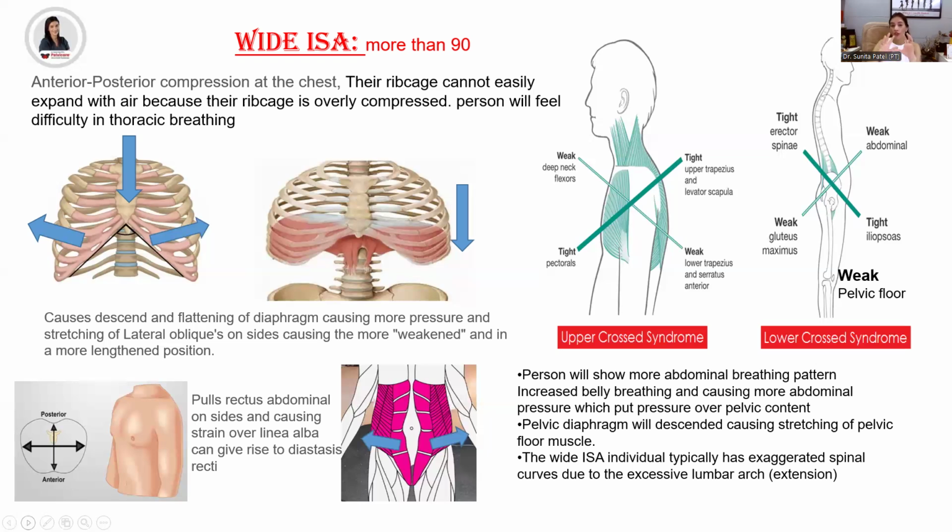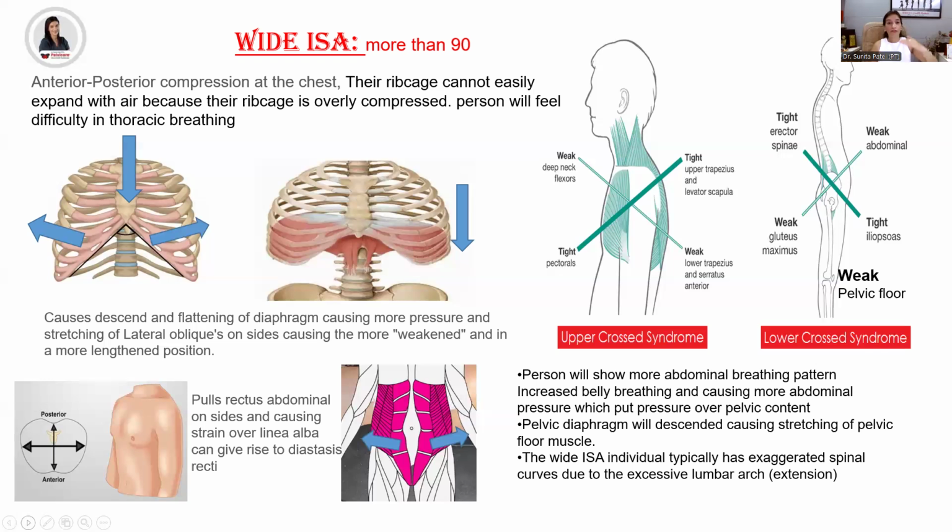Like we have slow twitch muscle fibers in our body, which work all the time to support our organs, and the maximum number of slow twitch muscle fibers are present in the pelvic floor muscles, because they have to work against gravity all the time, against this weight load from the abdominal organs. These slow twitch muscle fibers are responsible for maintaining the long-term tone.